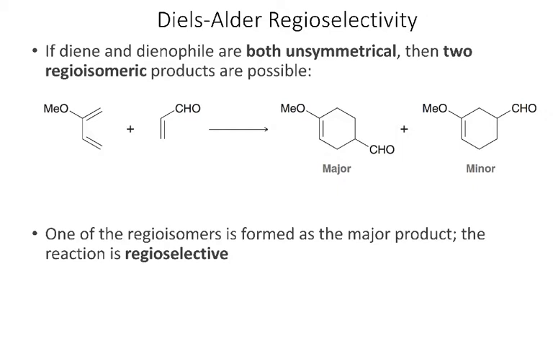On the other hand, if both the diene and the dienophile are unsymmetrical, then we can have multiple possible regioisomeric products. Now, one of the regioisomeric products is going to be major, the other one is minor, and so we'll finish off this video looking at how to tell which one will be the major and which one will be the minor.